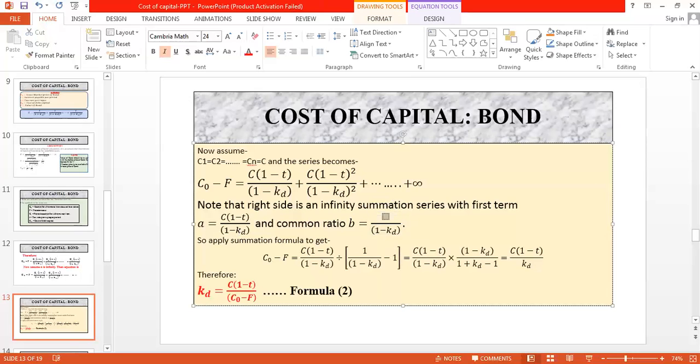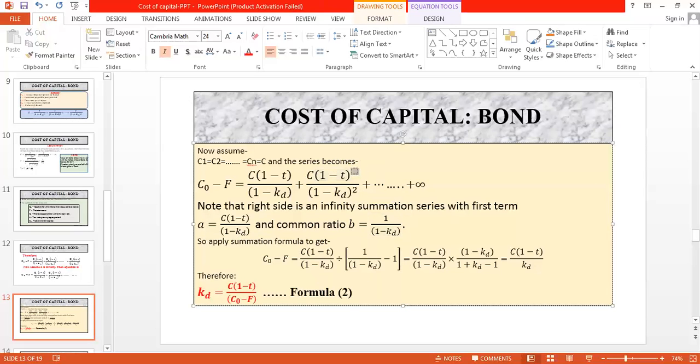Instead of 1 minus T, it should be 1. Because in the numerator, we always multiply 1 minus T with C, since whatever interest we pay, we will get a tax benefit of C into T. So there will not be any power against 1 minus T. Accordingly, we have corrected this particular PPT presentation.